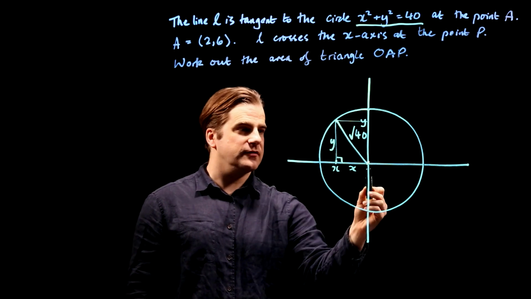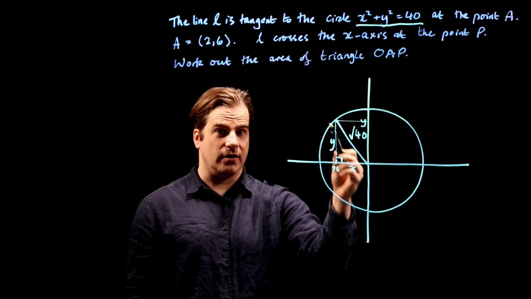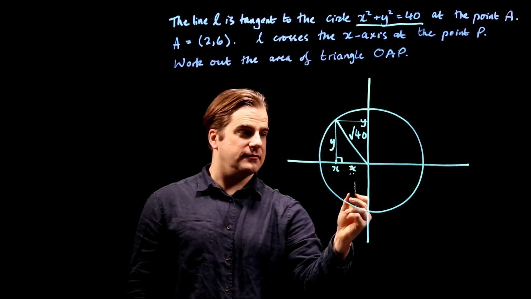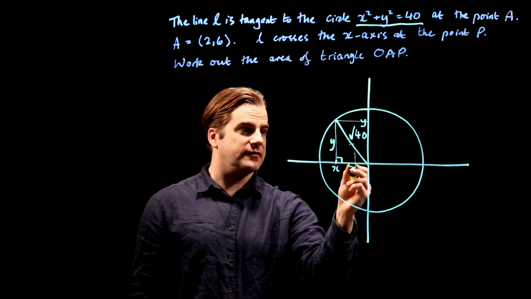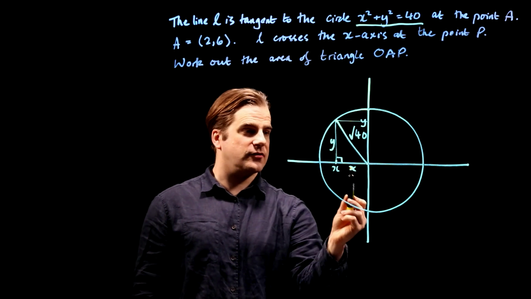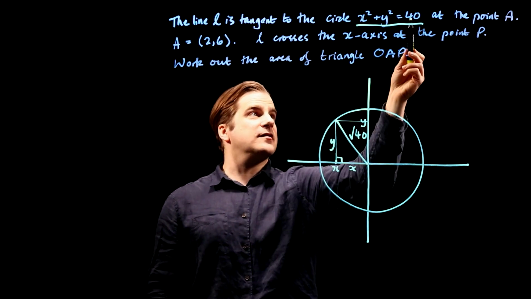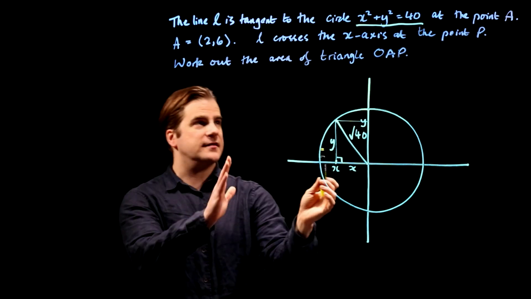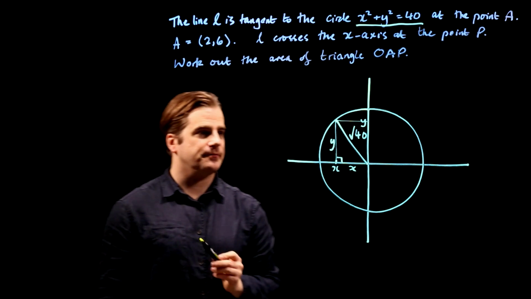The hypotenuse, which is the radius of the circle, is the sum of the squares of the other two sides. So r squared is x squared plus y squared. Anyway, the radius of this circle is root 40.